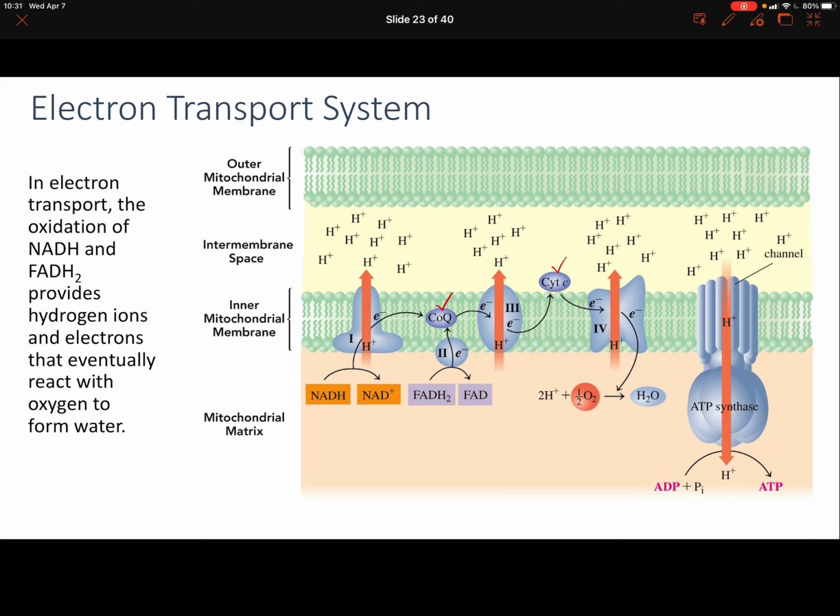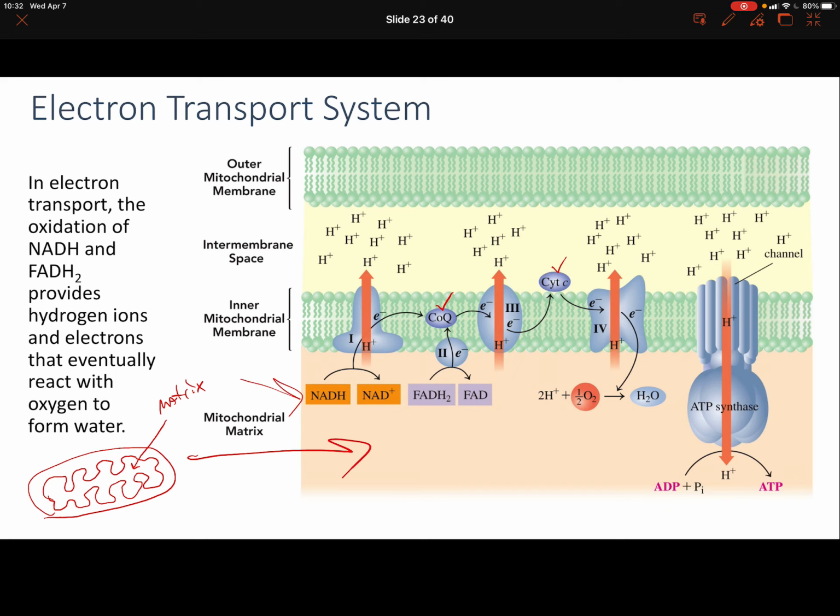So let's take a second to see where we are here. If we imagine the mitochondria for a second, inside here is the matrix. So all of this stuff is in the matrix at the moment.